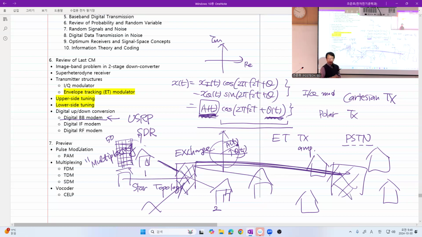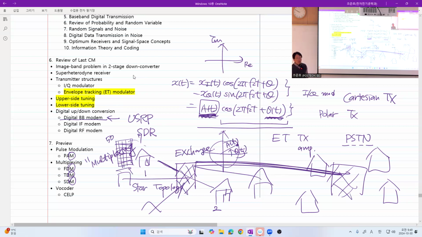Sometimes it means you put many different signals into a single copper wire or RF cable, sometimes within a designated frequency band. And demultiplexing means that you take each one apart from your received signal, which is the sum of these signals. Got it? So M means multiplexing.